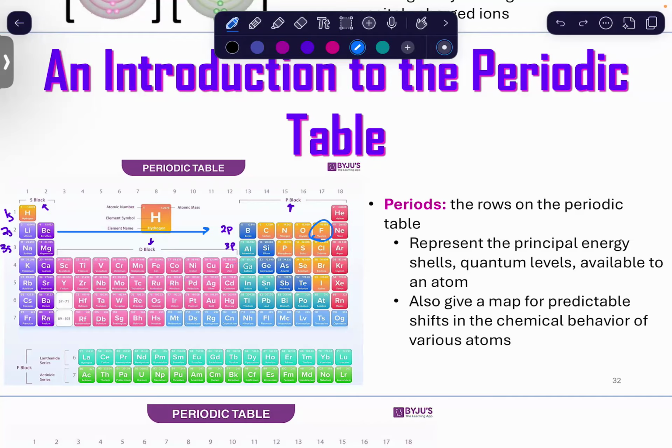Electronegativity increases as you go up and as you go to the right. So this is also what periods are telling you, this shifting in chemical behavior. But remember, the periods are your rows.